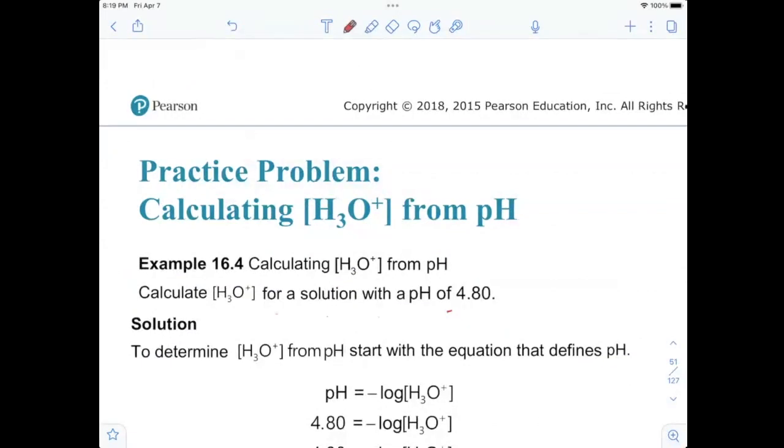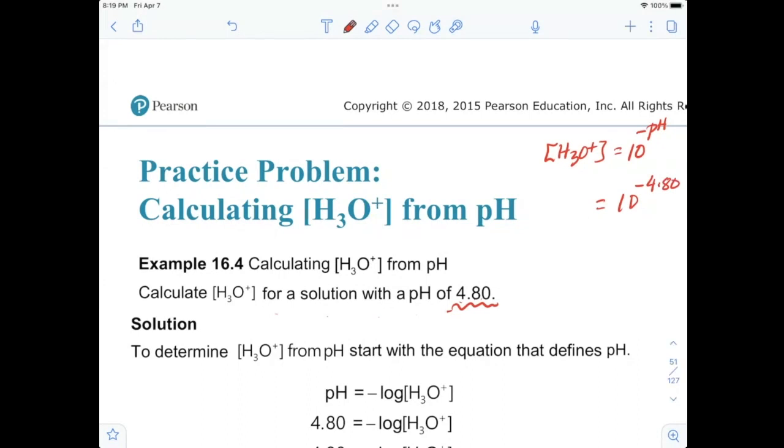In this problem here, we're solving for the H3O plus concentration, the hydronium ion concentration, from the pH. The formula to get the hydronium ion concentration from the pH is to take 10 power negative pH, and you get that value. pH is given to us here as 4.8, so 10 power negative 4.80.